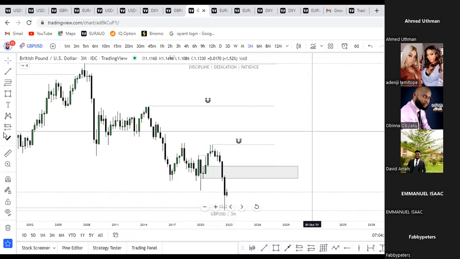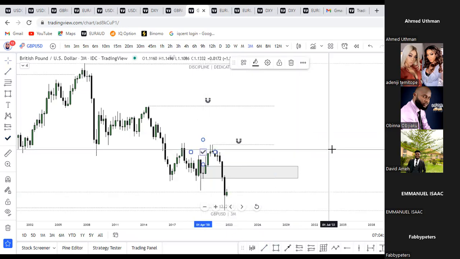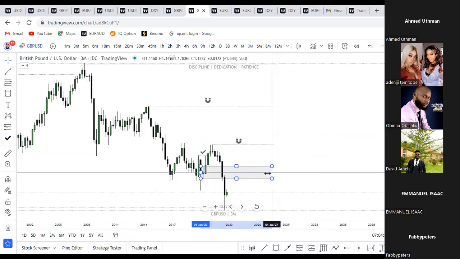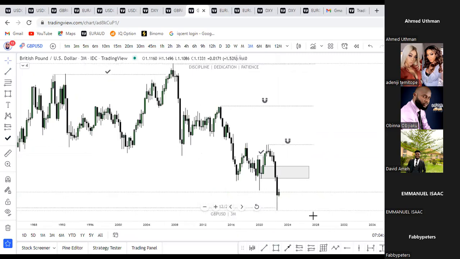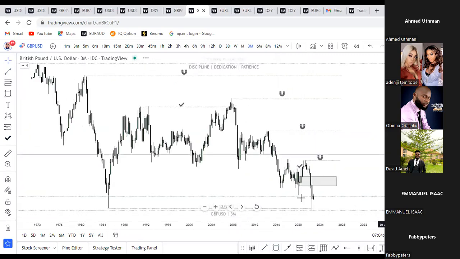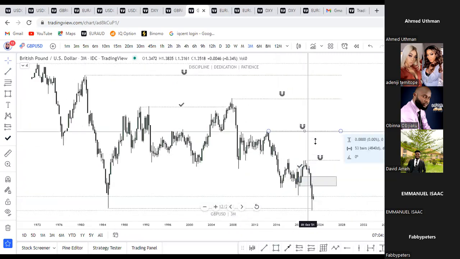Tell me. You're speaking, I can't hear you. Please, can you speak out? Intermediate short-term high. The short-term high. So you see, this breakout was responsible for taking out that high.